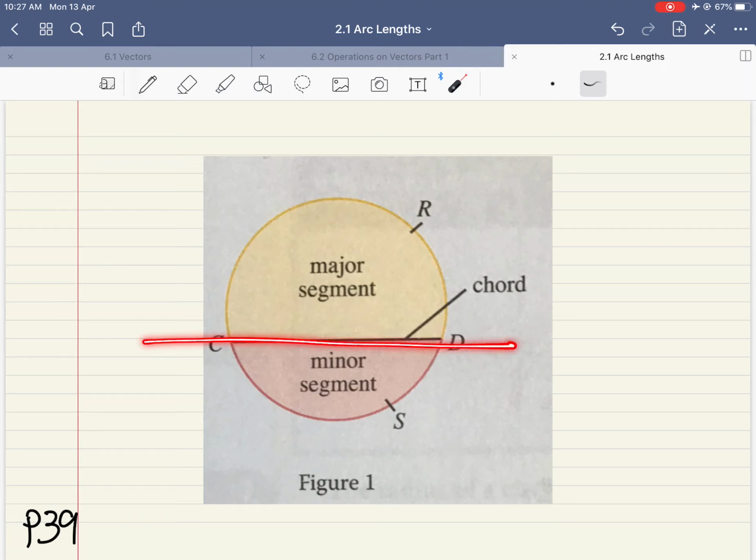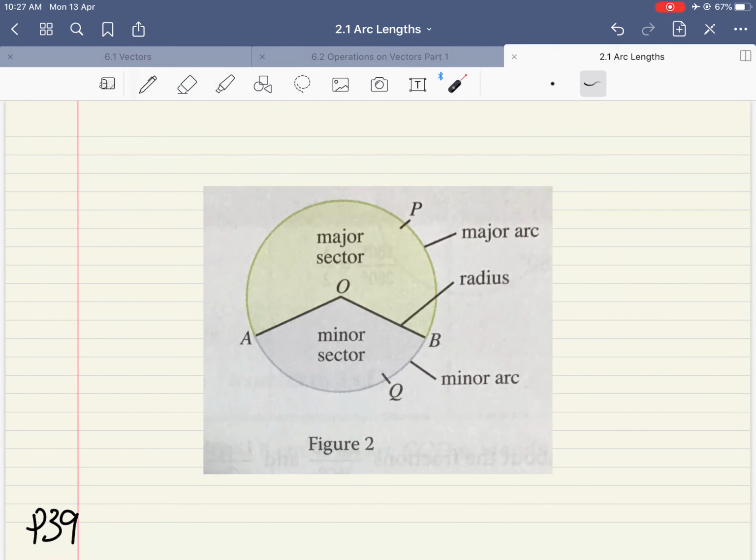Just imagine you have a birthday cake, you take a knife, just cut it across here. It divides it into a major segment and a minor segment. Now, the other way that we can divide a birthday cake is from the center, we cut and we cut. OA and OB are both the radii of the circle. So in this case, we are cutting like a slice of the cake.